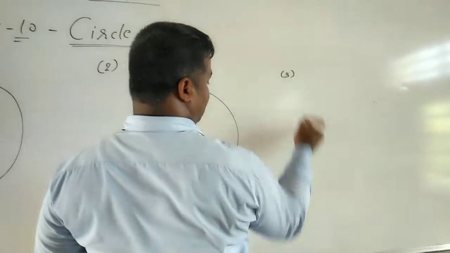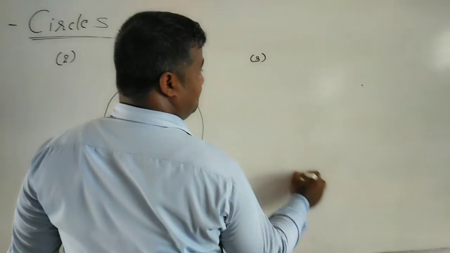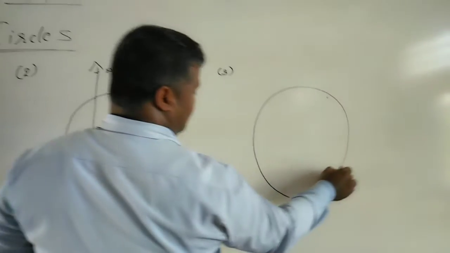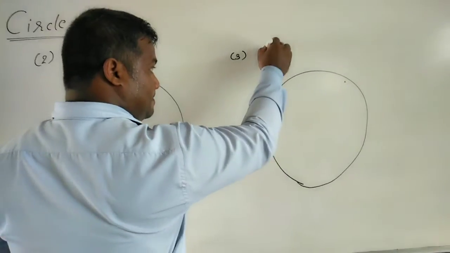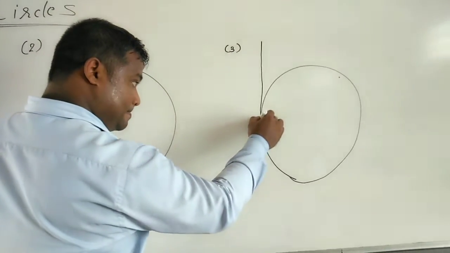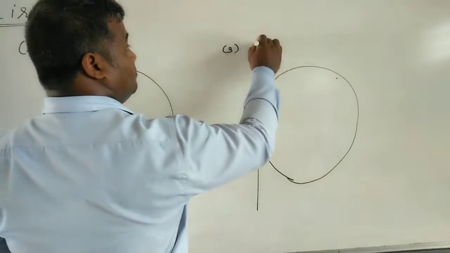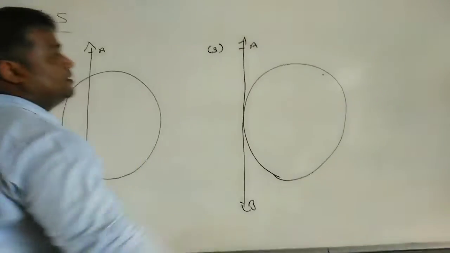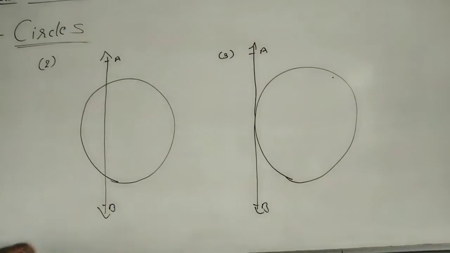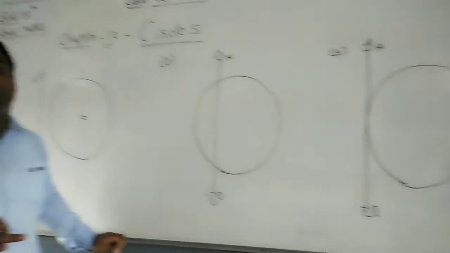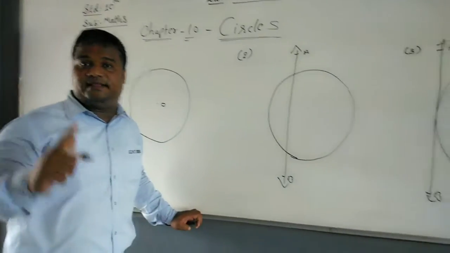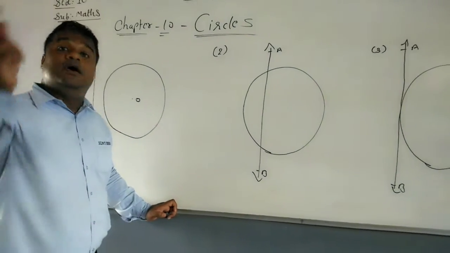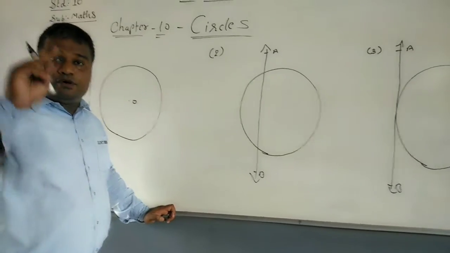Over there, what happens? Line A, B. These three conditions, why I am taking them, is really helpful to you when I explain theorem 10.1 in today's video, which is most important.